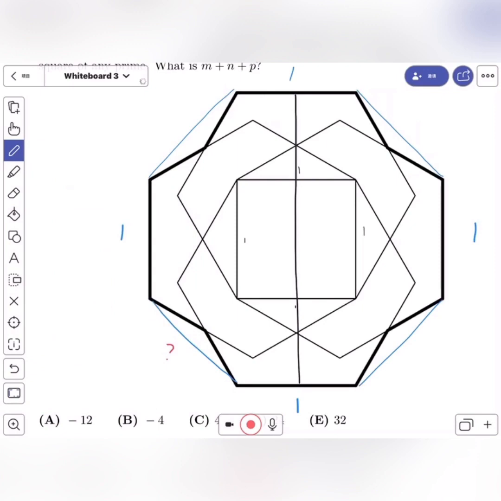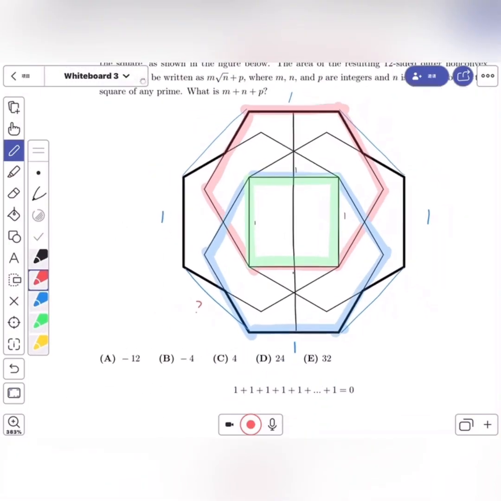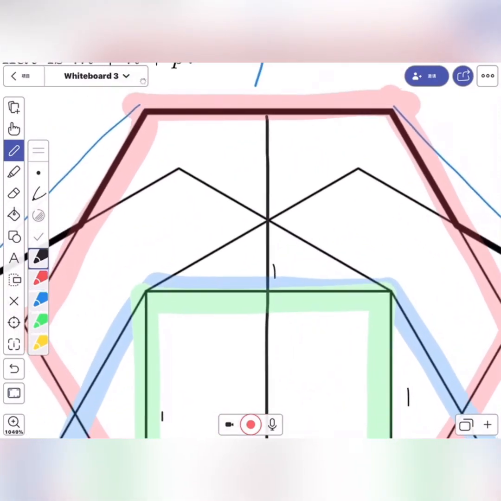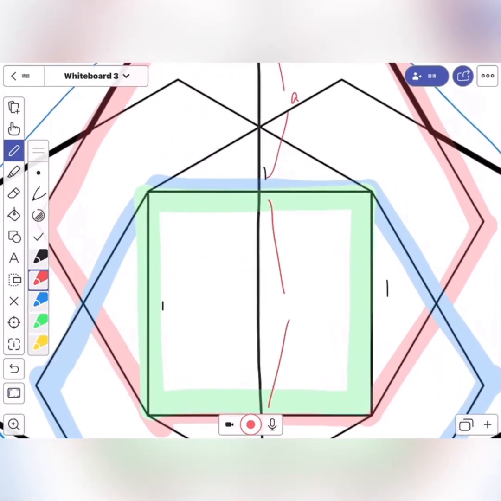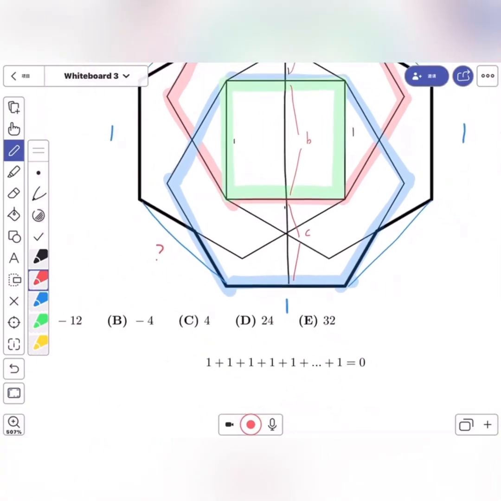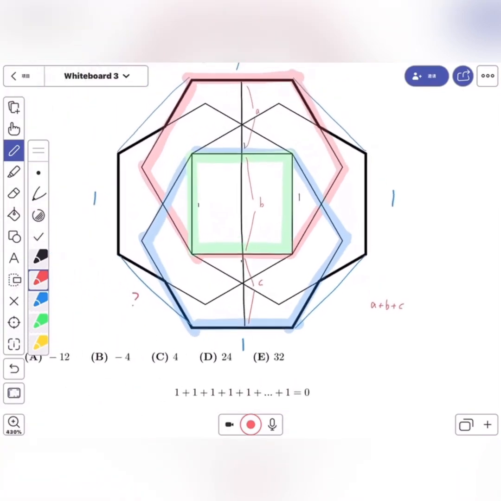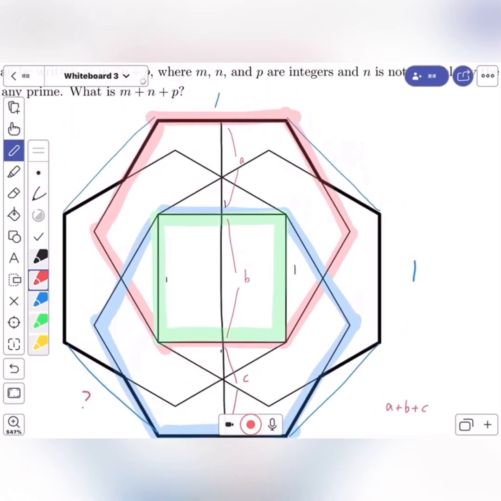Now we can see that if we just focus on one single hexagon like this, and we focus on the other hexagon like this, and we also look at the square but with these 2 hexagons as a whole, then let's call this segment A, and this segment B, and this segment, just going to use the same color, this segment C. Now what we want to find is A plus B plus C, because if we find the entire length, we can just subtract 1 and divide by 2 to get each of these things right over here.